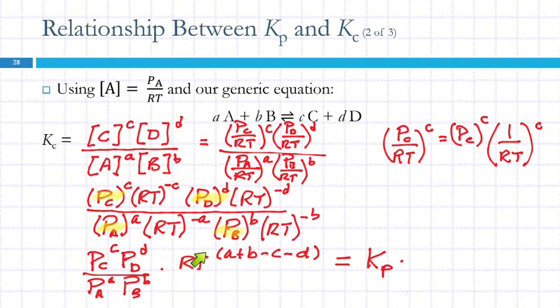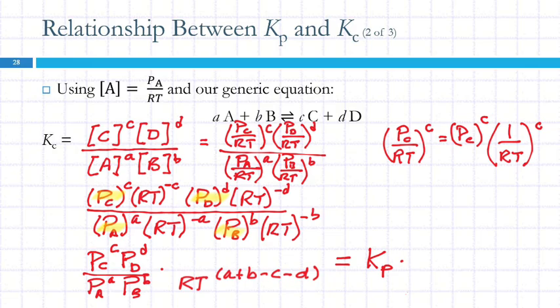I just remembered, instead of doing it this way, they do 1 over RT. So that changes the signs on all of those guys. There's a reason. C plus D minus A minus B.